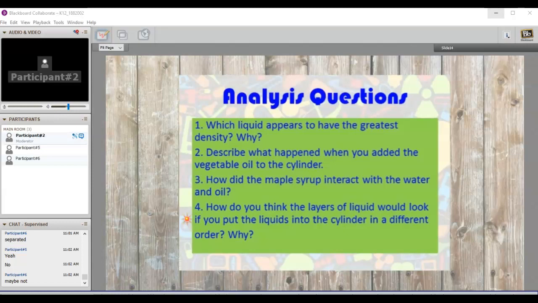It's still going to sink all the way to the bottom. So that is the answer to number 4. So there's 2 parts there. So no and why. Make sure you answer both parts.